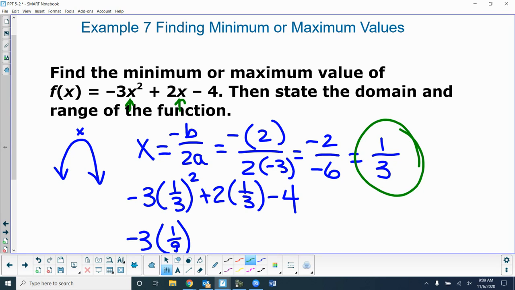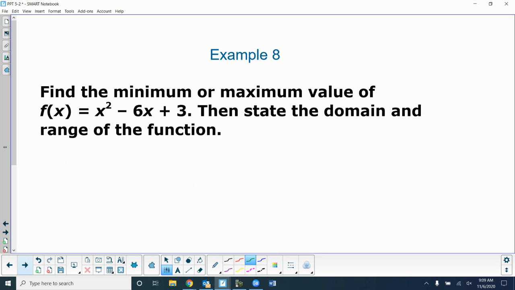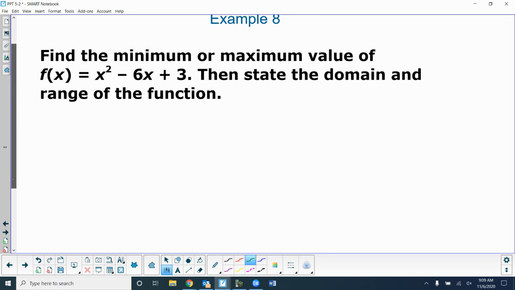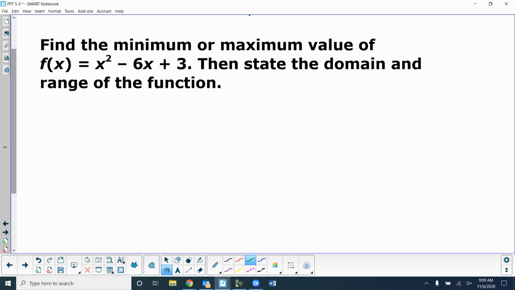You guys try this one, please. Then we'll state domain and range too.